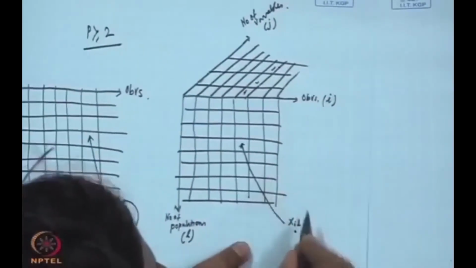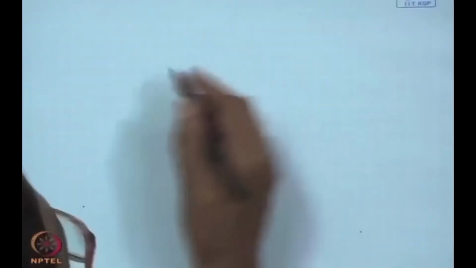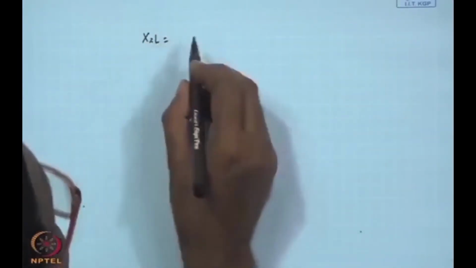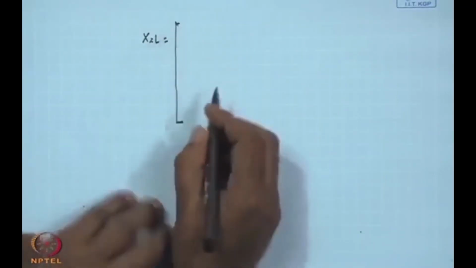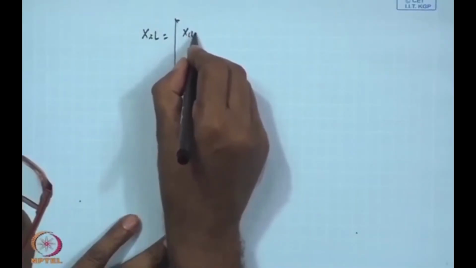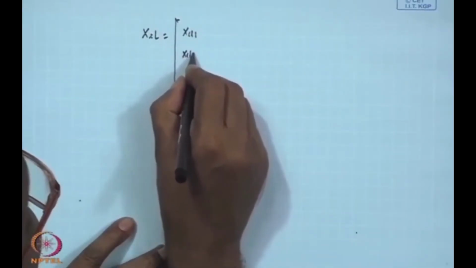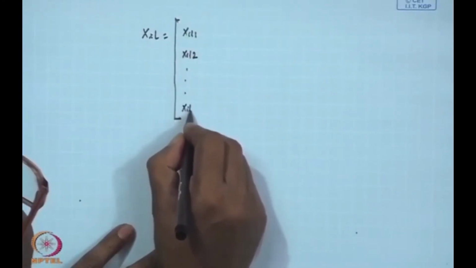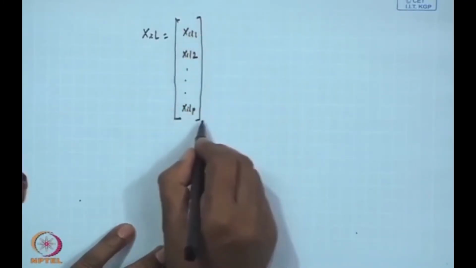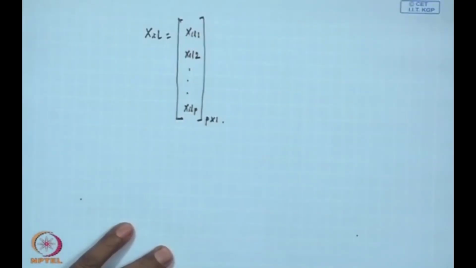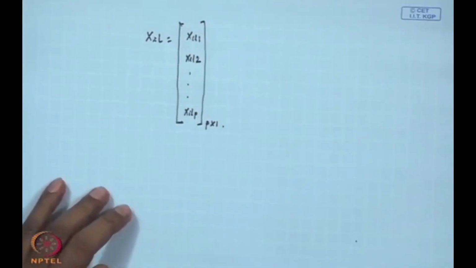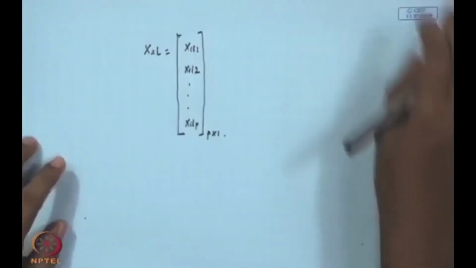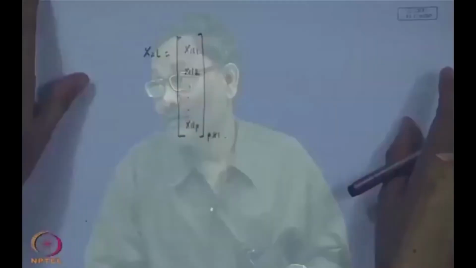So, we can say here that xil is no longer a scalar quantity, it is a vector. What will we write here? xil1, xil2. So, like this, how many variables are there? P variables are there, p cross 1. And there is the complexity, because one more dimension is added and your total work is now in the 3-dimensional case, it is not a 2-dimensional issue.